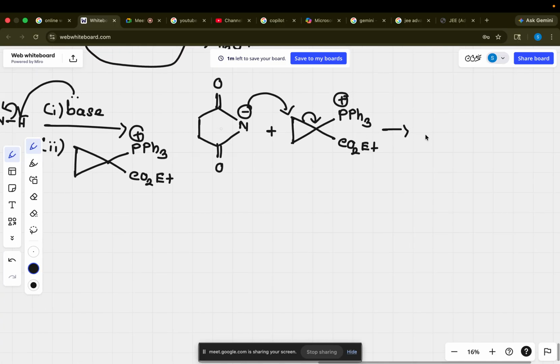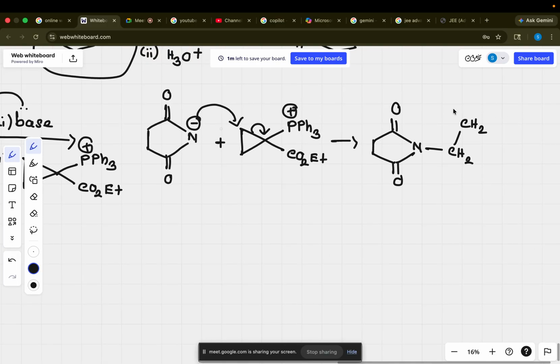So what you will get, so here I have nitrogen, here you have double bond O, it is attacking on this carbon. So this is basically one CH2. Then you have again CH2, again CH2, then you have this tertiary center. So draw it.